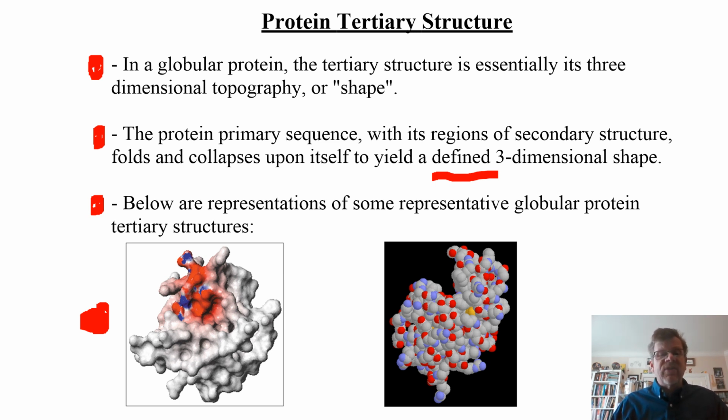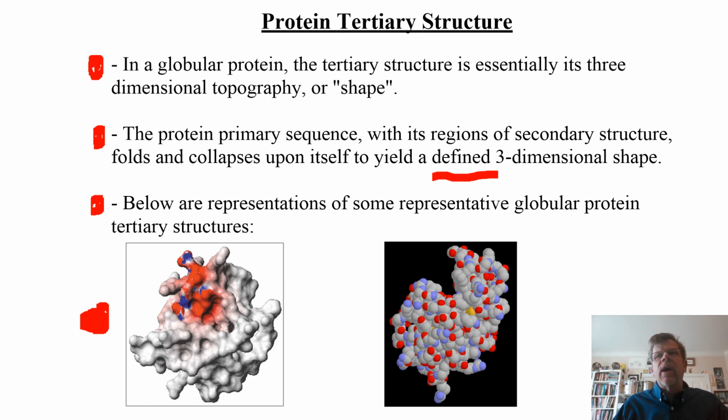It is the specific three-dimensional shape of a protein. These are called space-filling models. Over here on the left, we see a protein which really does look like a glob, but every single copy of this protein must have exactly the same shape.